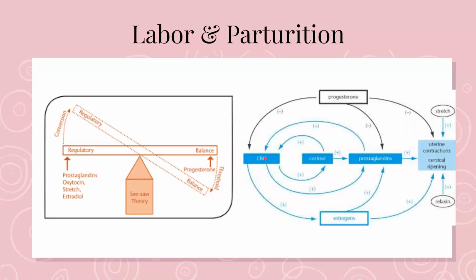That CRH stimulates the release of cortisol. So you have this building that probably gets bigger and bigger and bigger. CRH also positively stimulates prostaglandin secretion, which then positively stimulates CRH. CRH also stimulates estrogen secretion.